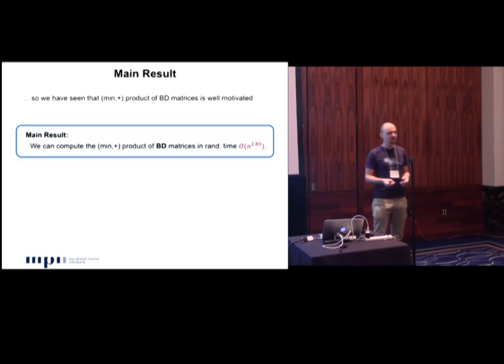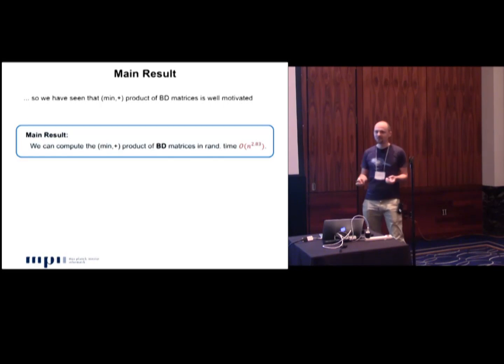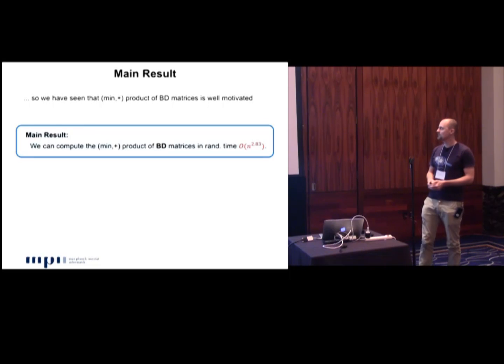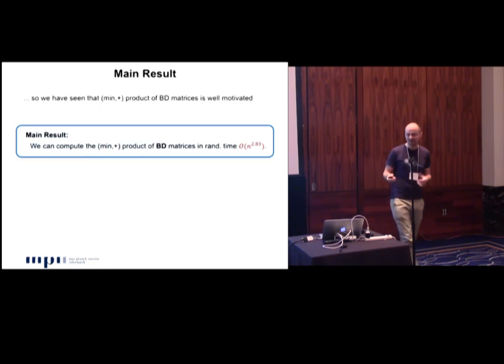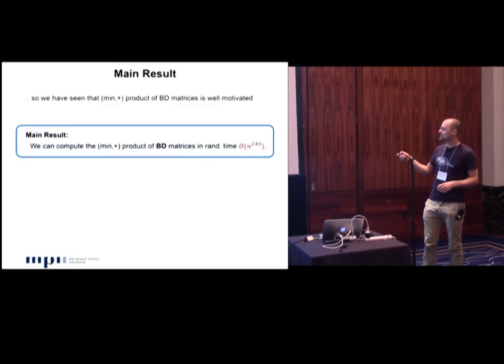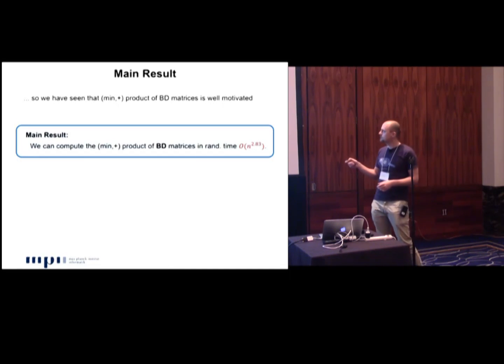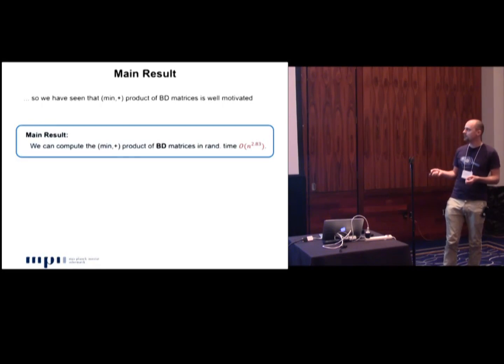Now, let me quickly remark that this number depends on omega. We use fast matrix multiplication as a subroutine, but the functional dependence is very weird and hard to write down. So this is a weird exponent in some sense. We can also de-randomize this statement at the cost of slightly increasing this exponent.